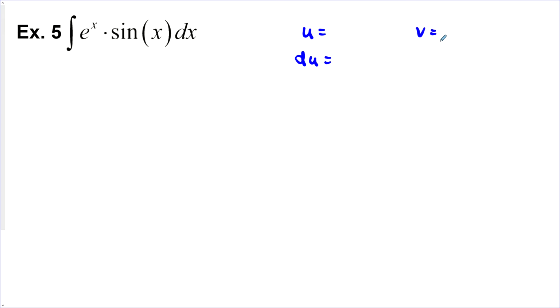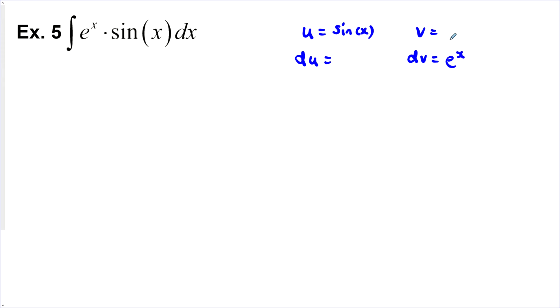All right, what about the dv? If we take the antiderivative of e to the x, it's just e to the x. What about the antiderivative of sine x? Well, that would be negative cos x. So that doesn't get any worse either. So for this one, we'll just try something random. How about sine x? And we'll make this one e to the x.